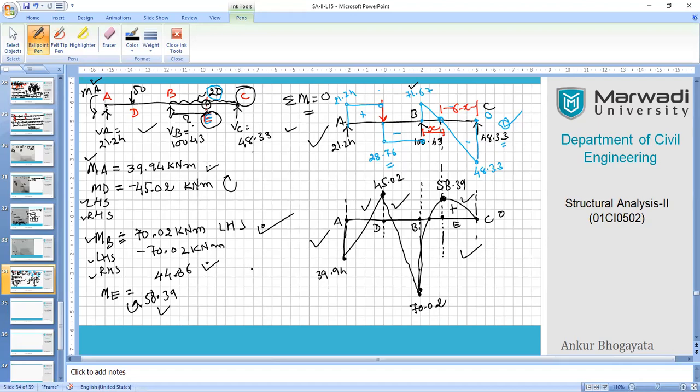We'll be analyzing trusses, and if possible, we'll take one example on bent cantilevers also, and then we will try to solve one numerical on a truss, just to give you an idea about the versatility of this energy principle in solutions. We'll be analyzing indeterminate trusses in the next class, and we'll try to find the forces and reactions.